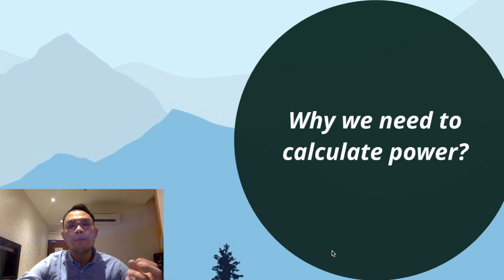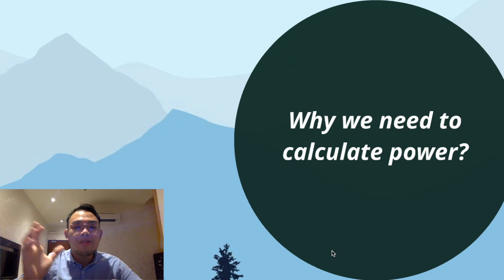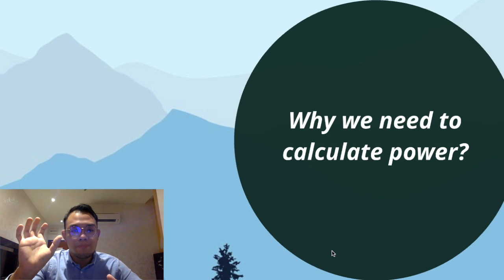So here comes the question: why do we need to calculate power? We need to calculate power because when we want to buy products and components, for example the inverter, we need to know the power rating of the inverter and what you are going to use with it. For instance, you are using a television.